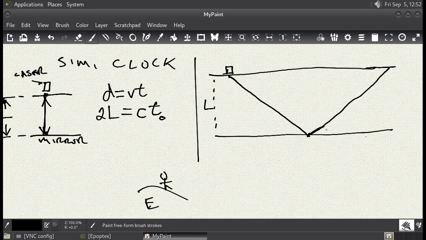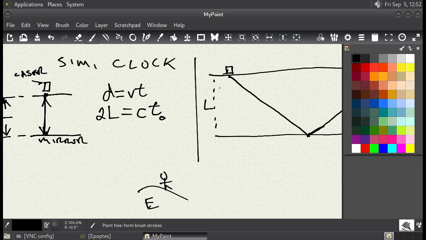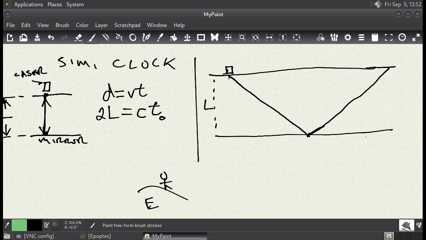Okay? But now in this situation, I can maybe draw in a different color, I essentially have a right angle triangle. Can you see this?